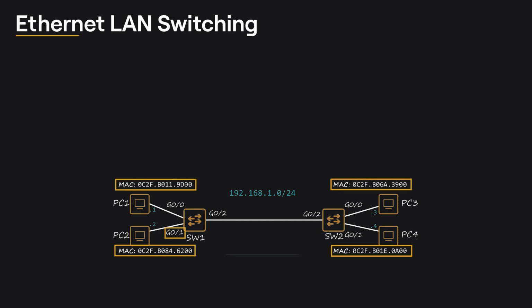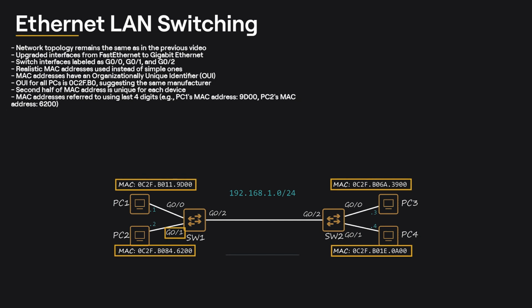In the previous video, I used simple MAC addresses like A8AA, AA00, 0001 for PC1, and .0002 for PC2. But this time, let's use more realistic MAC addresses. Notice that the OUI, Organizationally Unique Identifier, which is the first half of the MAC address representing the device maker, is the same for all PCs, 0C2FB0.